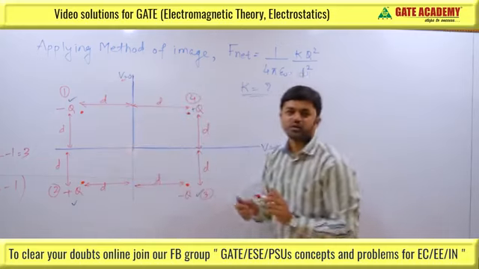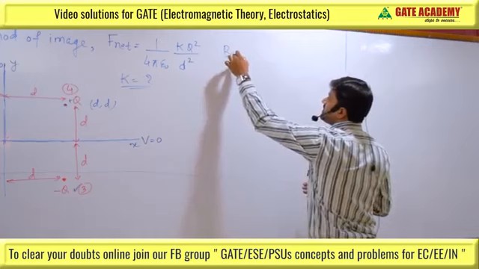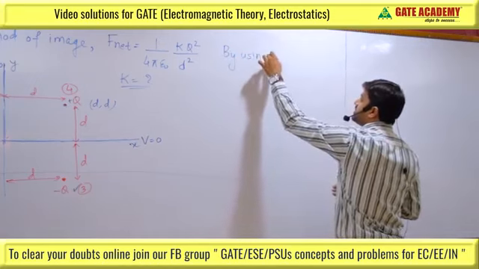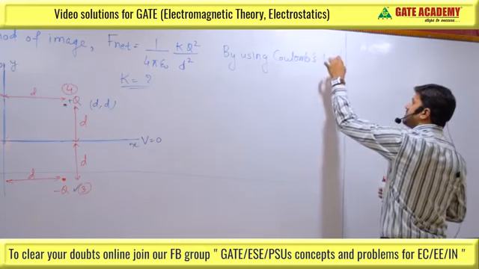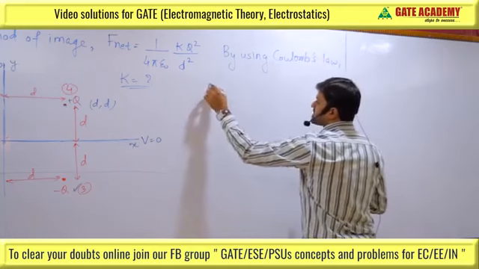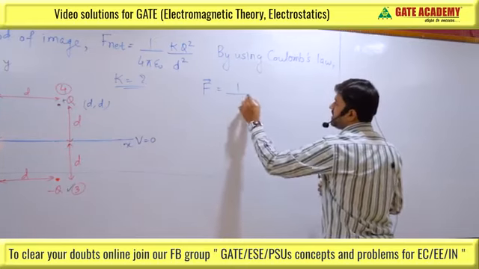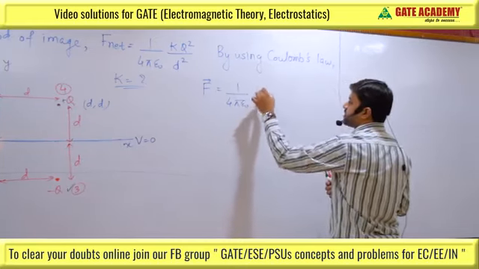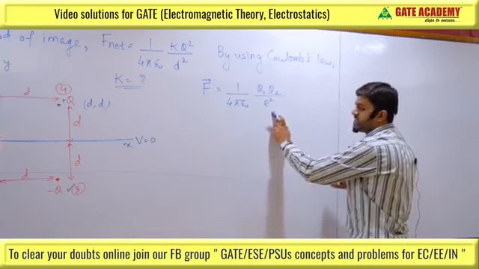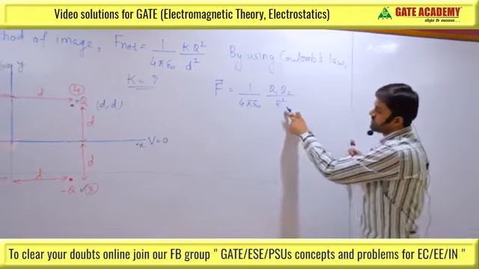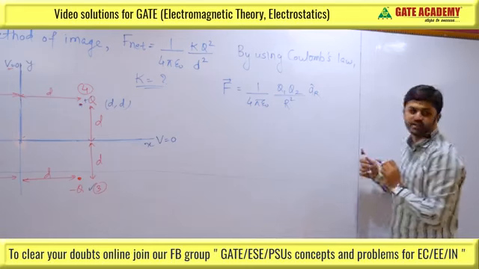by using Coulomb's law. So by using Coulomb's law, we know that the force between 2 point charges is given by 1 upon 4 pi epsilon naught q1 q2, inversely proportional to the square of the distance between them, times unit vector ar.